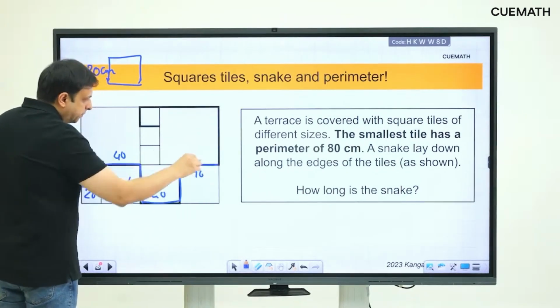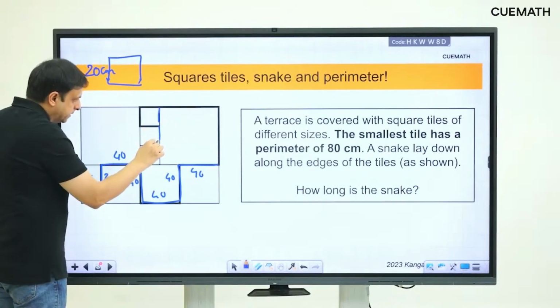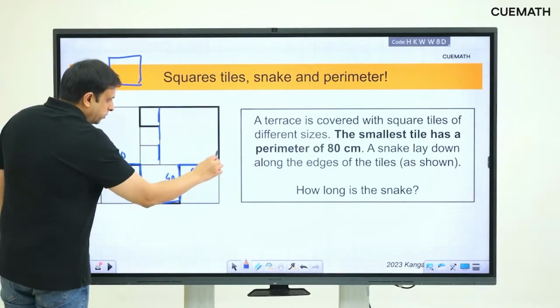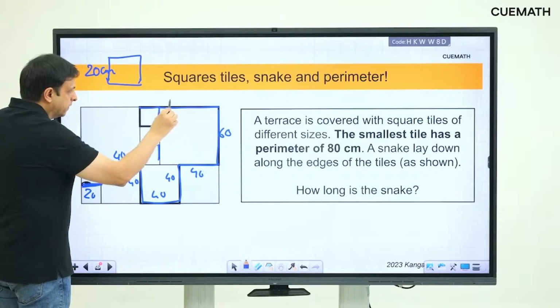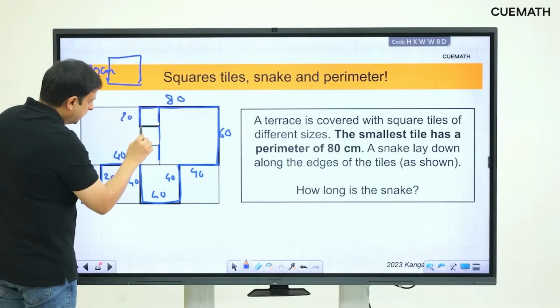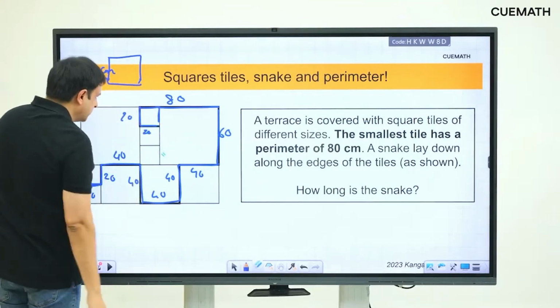And then what about this big square here? So this big square you can see has this as the edge length, which is actually 20, 20, 20 or 60. So you'll get a 60 here, and then a 60 and 20, which is 80 over here, and then 20 over here, and then 20 over here. Okay, so I think I have counted all the segments now.